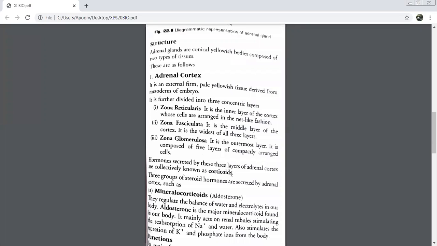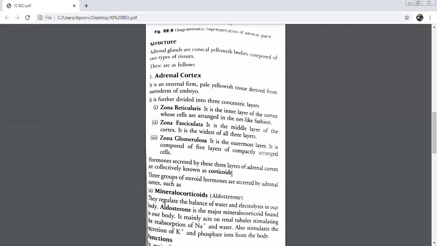The middle layer is zona fasciculata. What is special about the middle layer? It is the widest of all 3. And the third one is very special because the cells are compactly arranged into 5 sublayers.